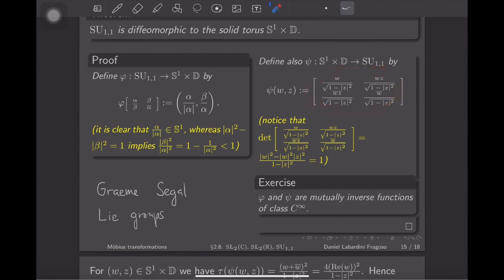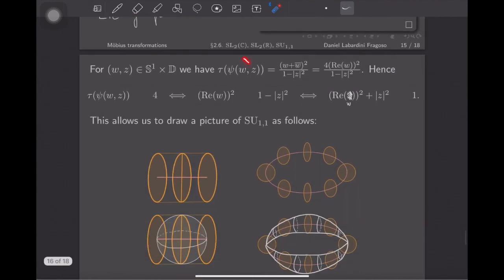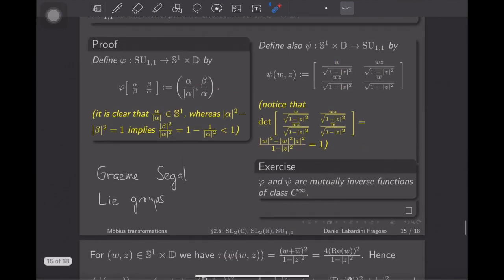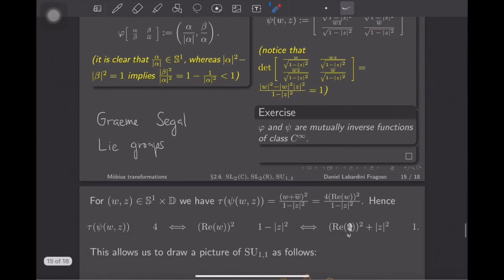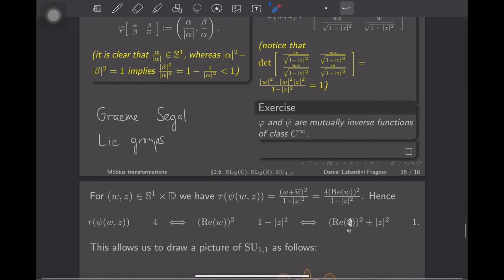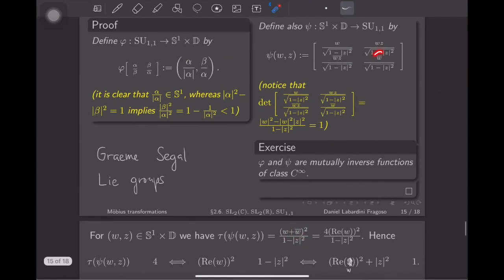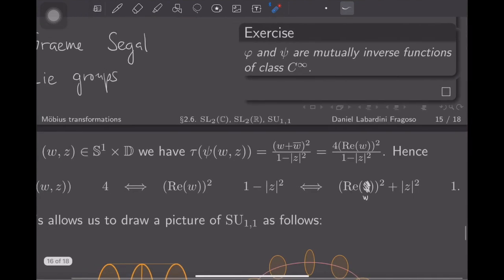So we can take its trace, because it's a 2 by 2 matrix, so it has an associated Möbius transformation and so on. The trace I compute in terms of this one. This one already has determinant 1, so the trace is just this plus this squared. You see this conjugate comes from this one here, and then I just simplify.